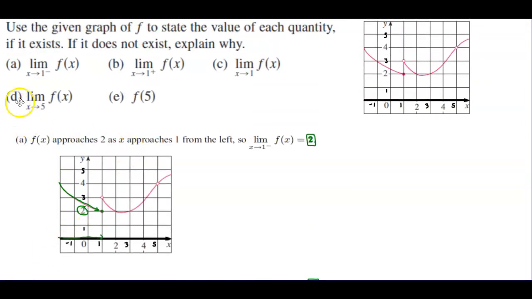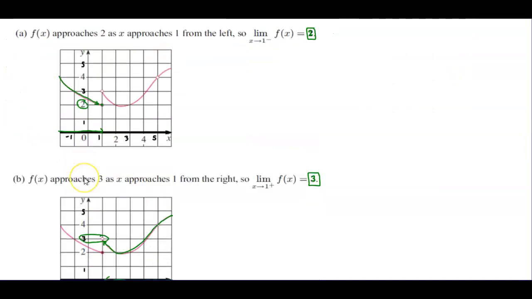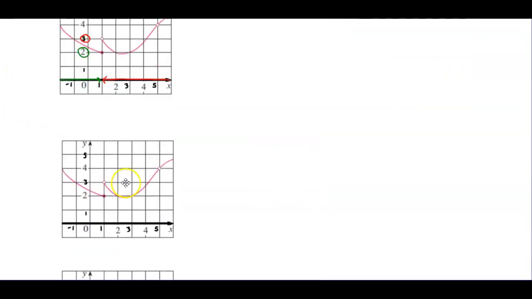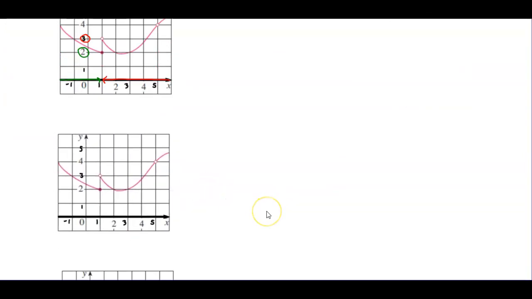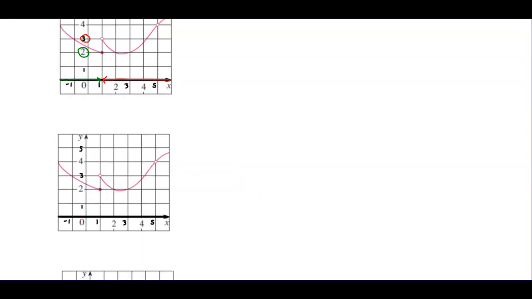Okay, in part D, it says, what is the limit as x approaches 5 of f of x? Well, it's asking us as x is approaching 5. So that means it's going to be approaching 5 from the left here. So as this function is starting from the left, it goes to what value here? Well, so far we know it's going to be 4.